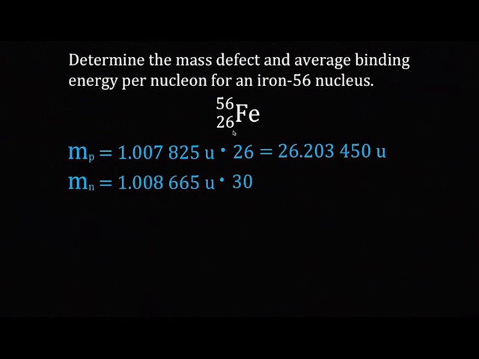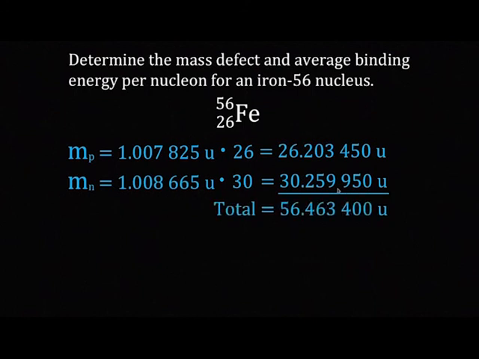Likewise, the difference of mass number and atomic number is 30. So when we multiply it with the mass of a neutron, we get 30.25995 atomic mass units. When we add them, we get 56.463400 atomic mass units, which is the mass of the constituent nucleons.